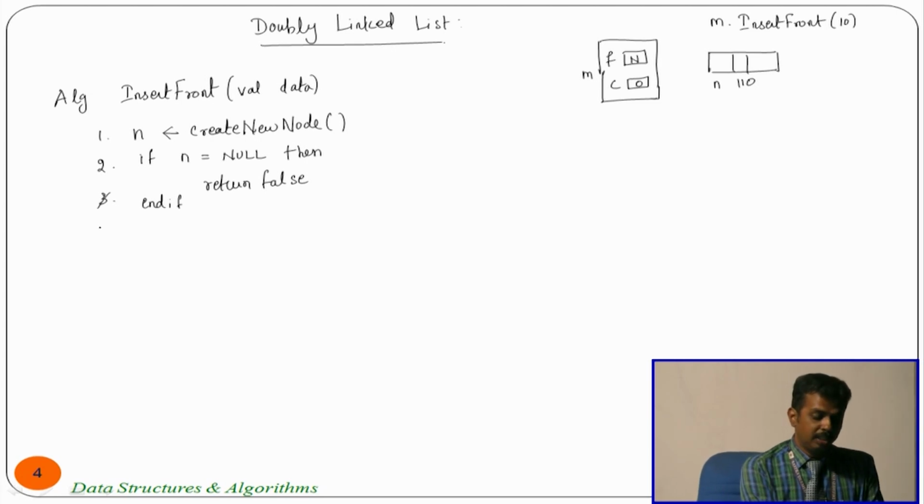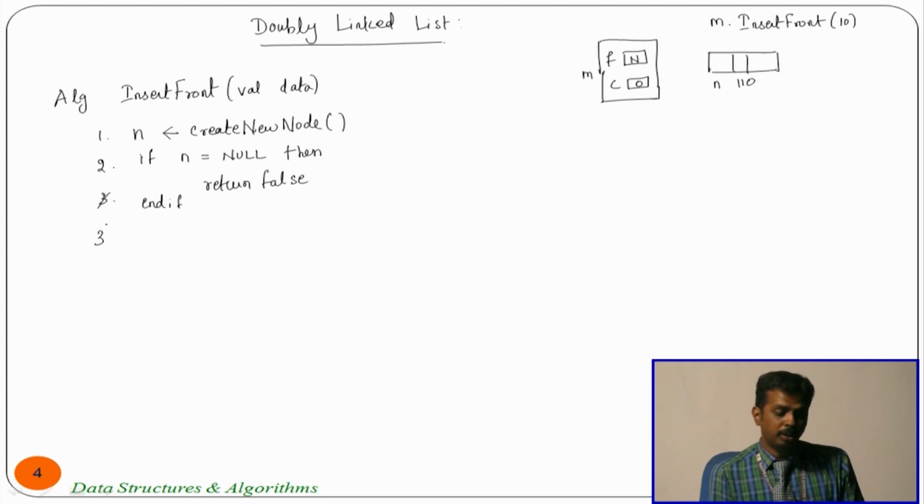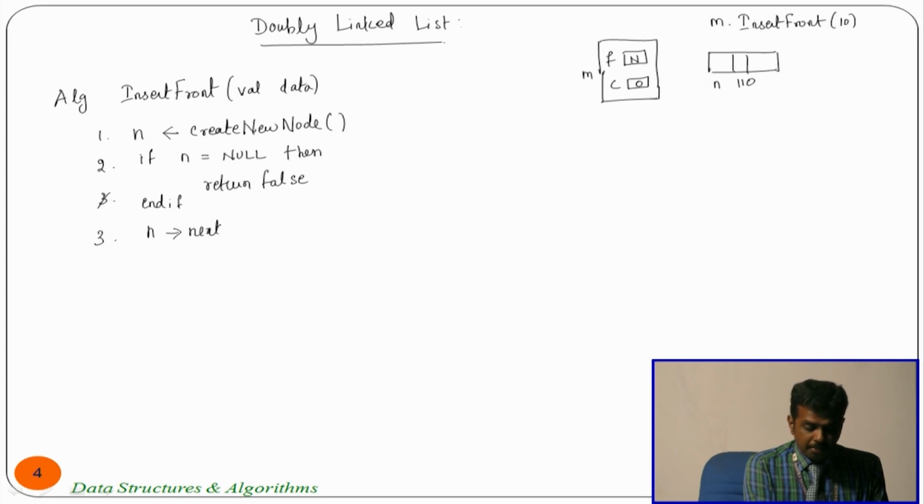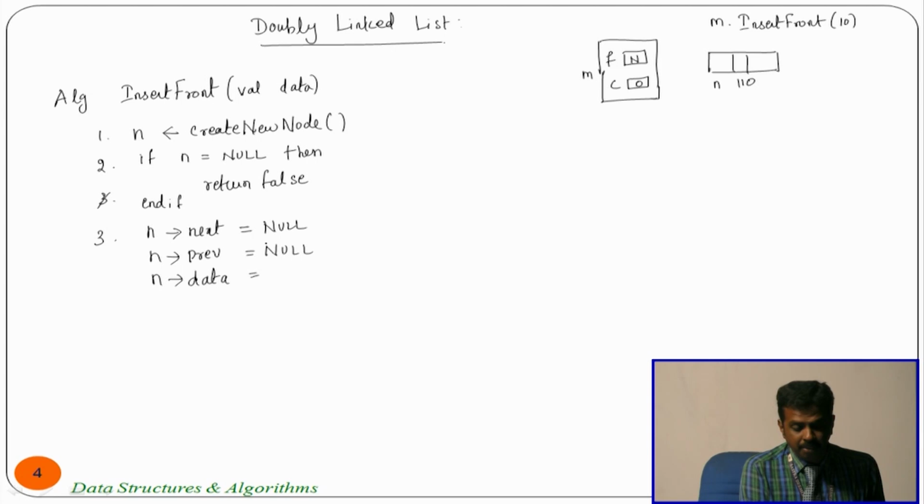Okay. The third step: we have ensured that the node is created. Now I have to fill the three fields, that is n of next, n of previous and n of data. The n of next will be initialized with null, n of previous will be null, and the data will be the incoming data.